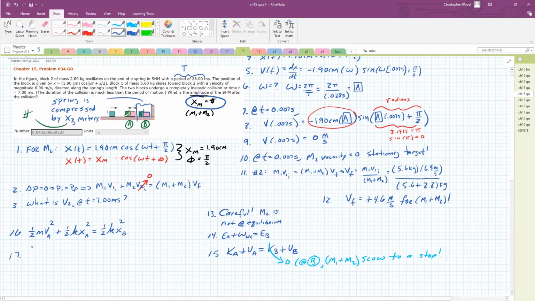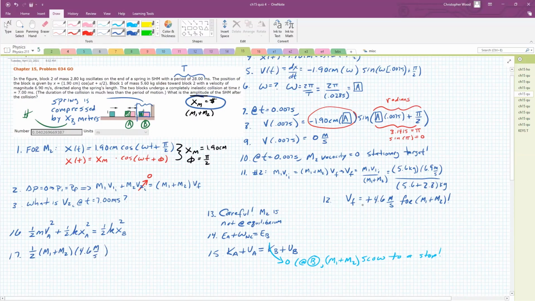Ready. 1/2 times mass. So this will be M1 plus M2. What is the velocity at A? At A, that is the velocity upon impact. And we figured that out. Step 3. Didn't we figure that out somewhere? Yeah. That's right here. 4.6 times 4.6 meters per second.